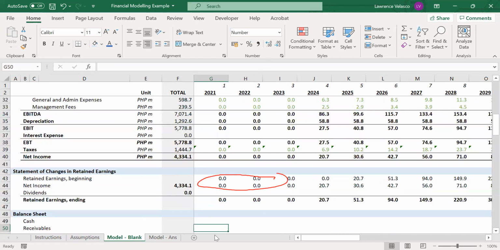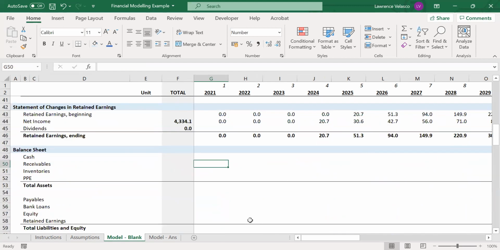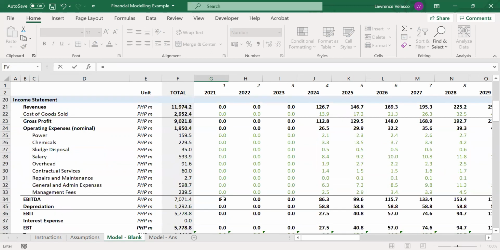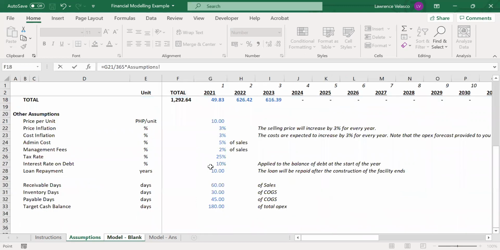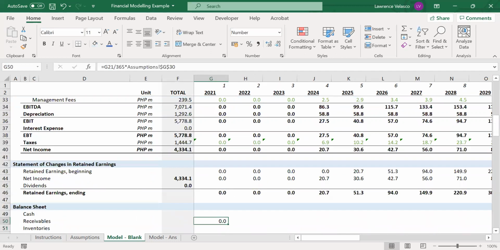So para malaman natin yun, kailangan nating malaman yung daily sales. So receivables is revenues divided by 365, times 60 days. And that's your receivable balance.